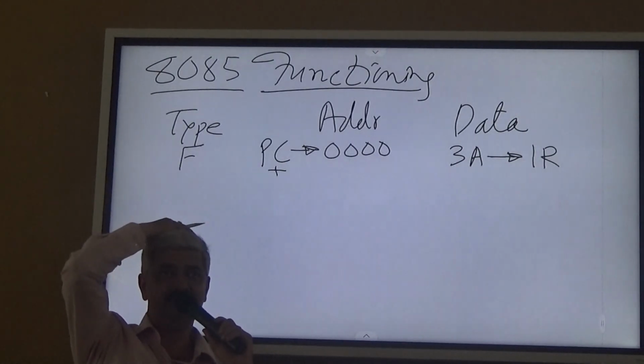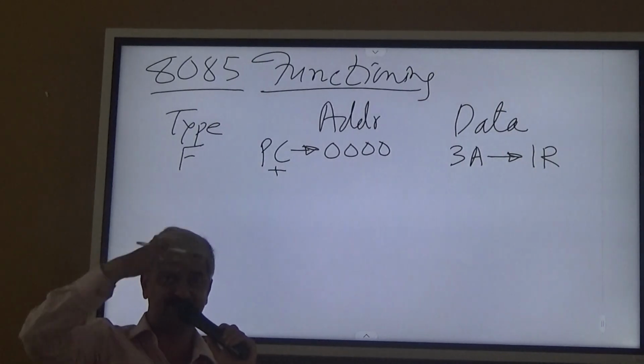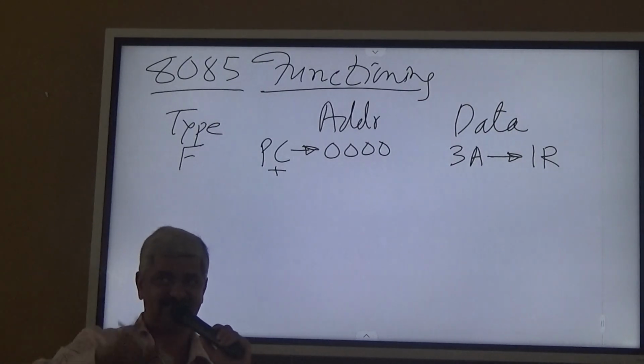8085 is reading it as an opcode, that is hardwired as a first cycle after reset.